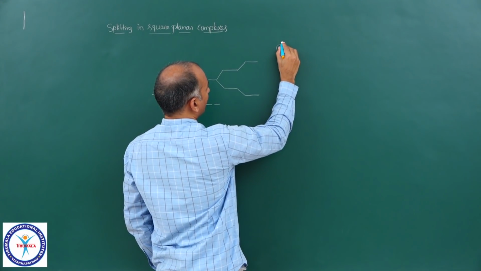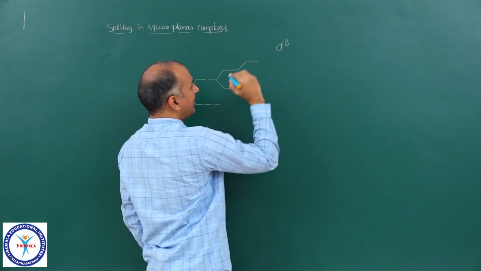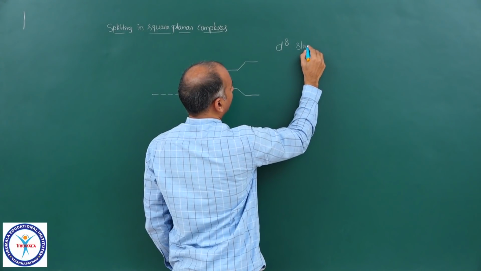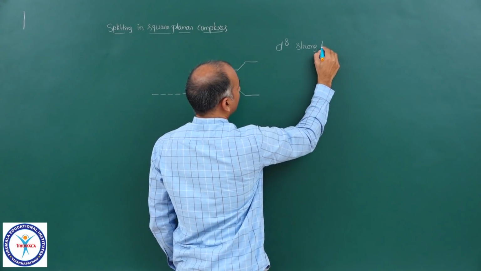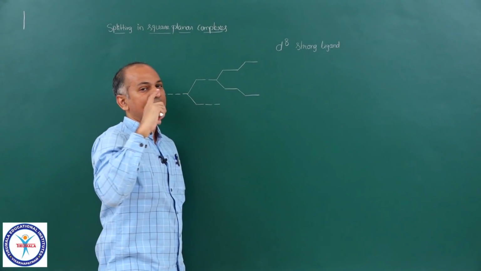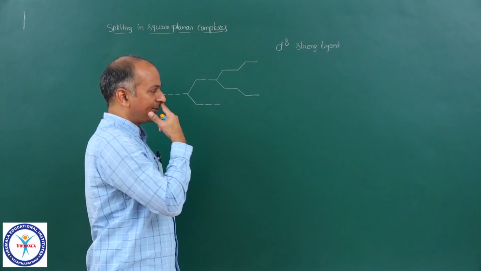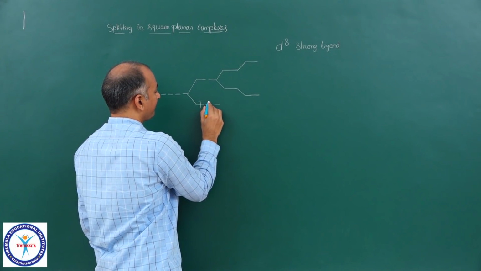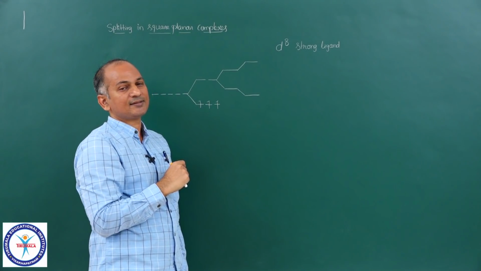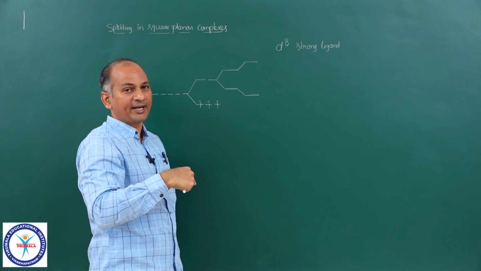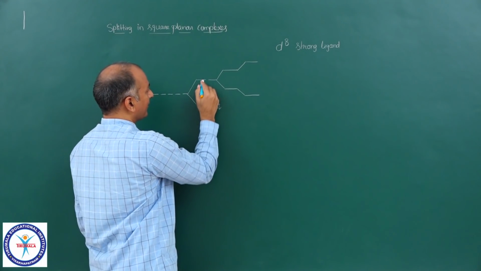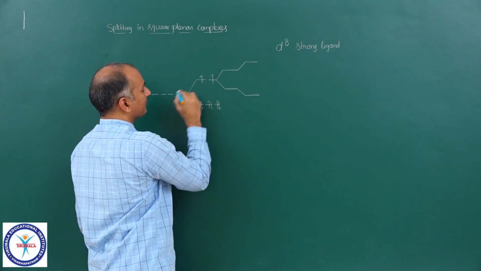Suppose we have a d8 case and a strong field ligand. Strong ligand means the crystal field splitting is very high, let us say. So what happens? First electron here, second here, third here. The case is strong ligand case, so electrons pair up first, then fourth, fifth, sixth, then here seventh, eighth.